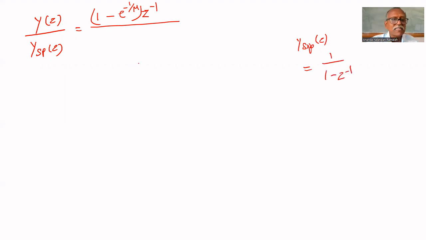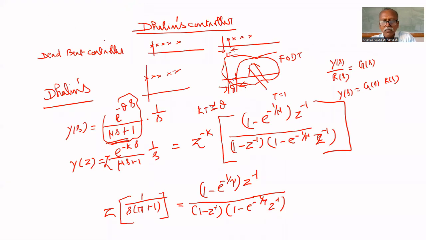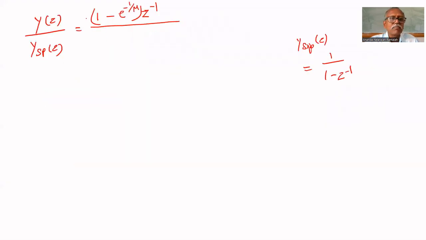Therefore, the remaining terms are z power minus k upon 1 minus e power minus 1 by mu z power minus 1. So this is Y of z by Y set point of z.